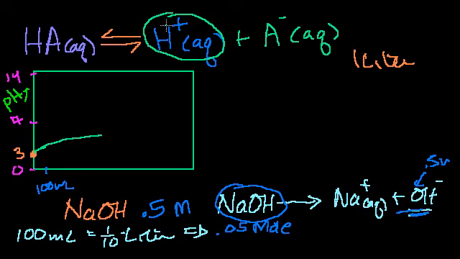But this is a buffer. This is a weak acid. So it's in equilibrium. So it has this reserve over here of the acid form. So when you start lowering this by adding a strong base to sop this up, what's going to happen? The reaction is going to move in this direction to kind of backfill, or almost replace.